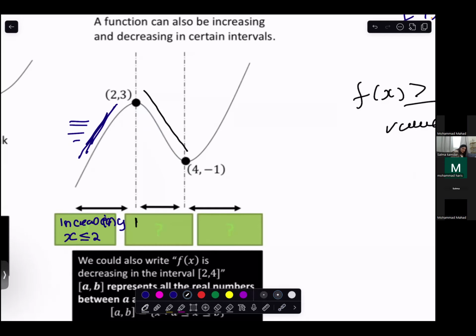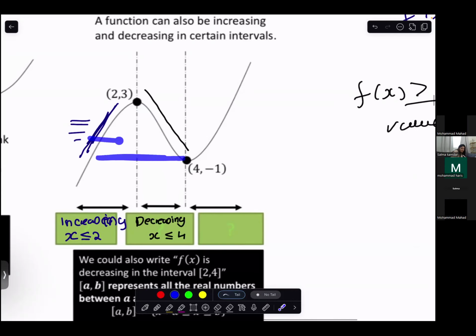Okay, decreasing. Decreasing for what? X is less than or equal to 4. But if you see over here, less than or equal to 4 means all of this.